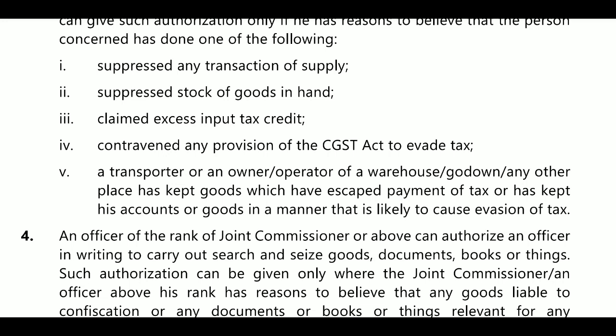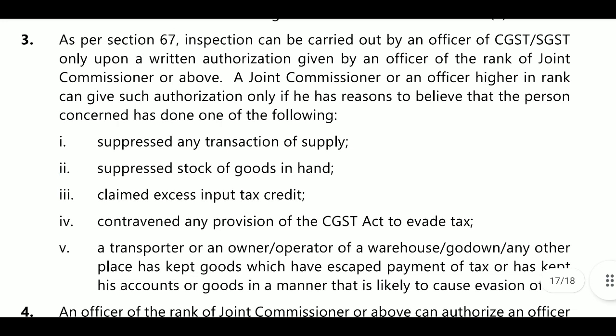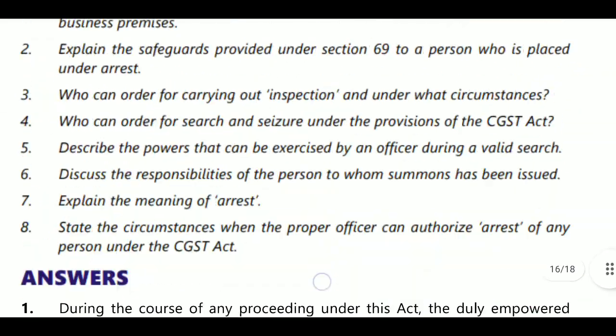If the transporter or owner or operator of a warehouse, godown or any other place has kept goods which have escaped payment of tax, or has kept his accounts or goods in a manner likely to cause evasion of tax, or does not provide the information, then these are the persons for whom an officer may go for inspection as per section 67.